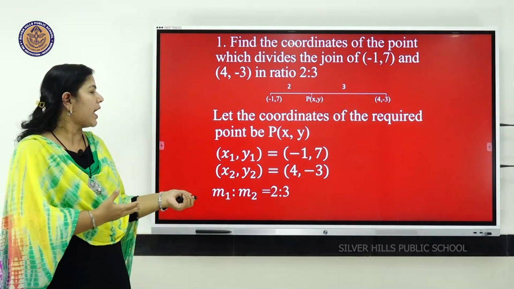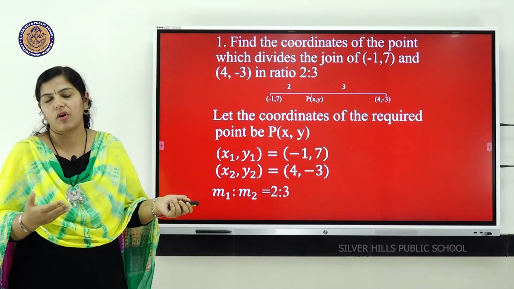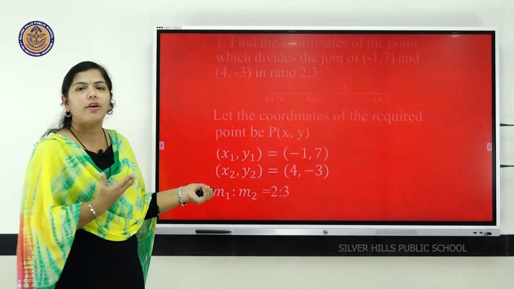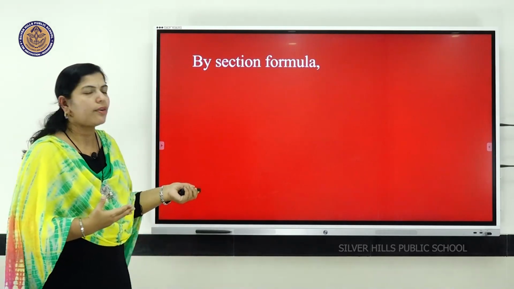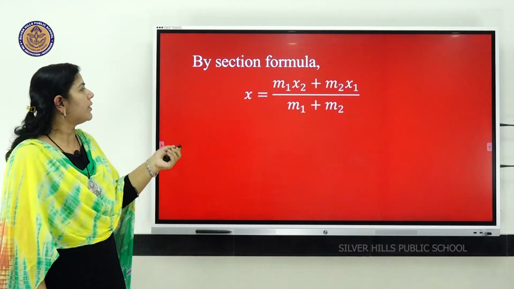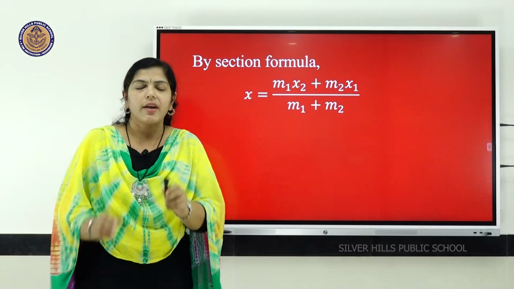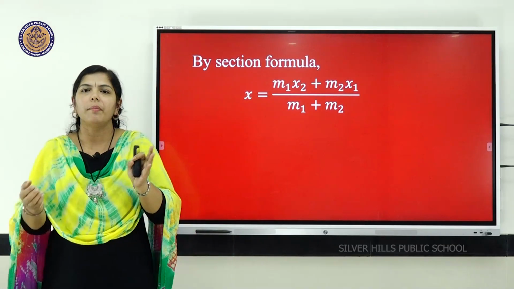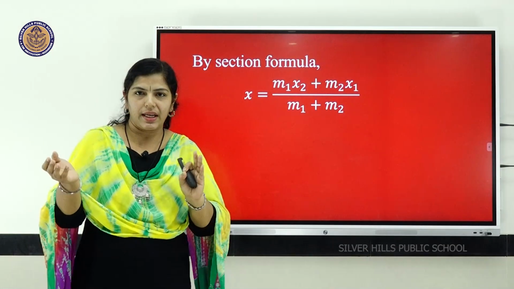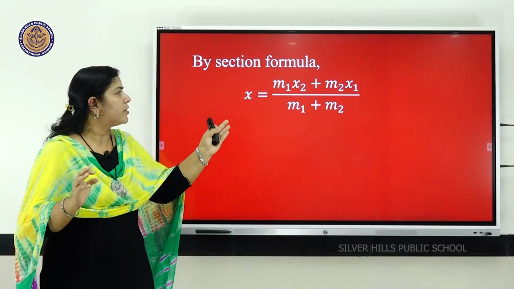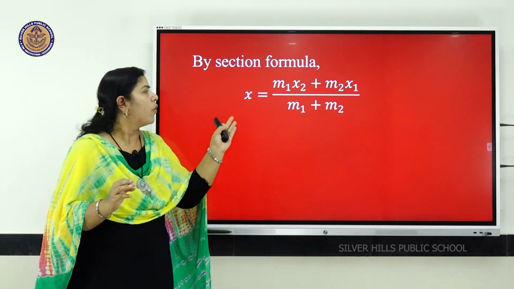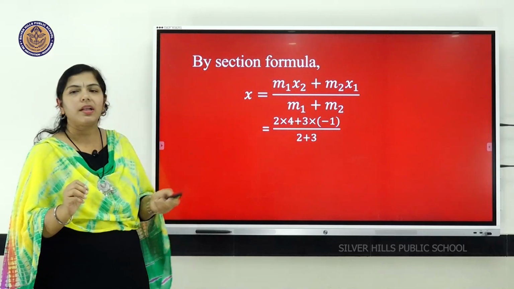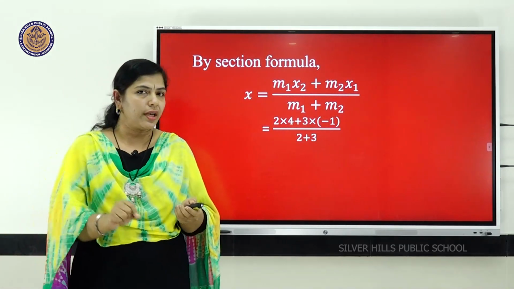So, we have the ratio and the coordinates of the 2 endpoints. So, we can find the point of division using the section formula, that is by section formula, the x coordinate. You can do x coordinate and y coordinate together if you like, but here I am showing separately. X coordinate is (m1 x2 plus m2 x1) whole divided by (m1 plus m2). That is substituting the coordinates. While substituting, you have to be very careful.